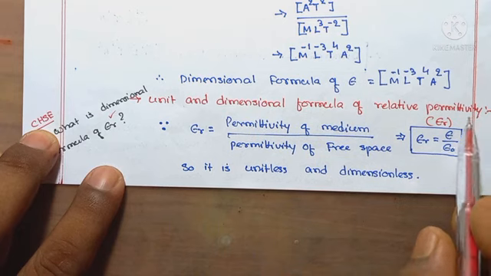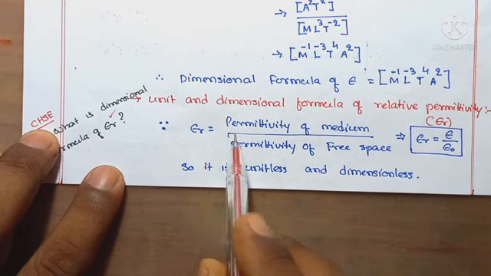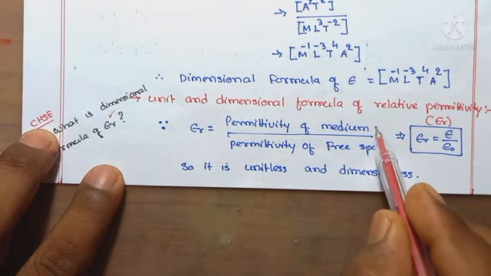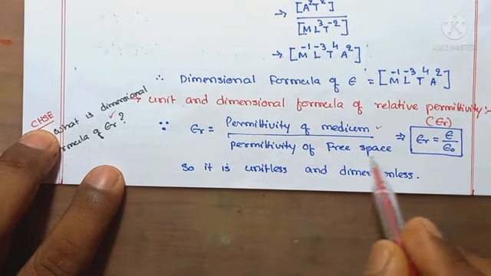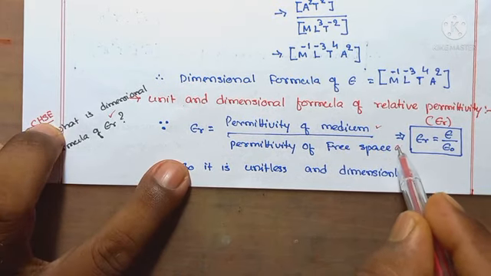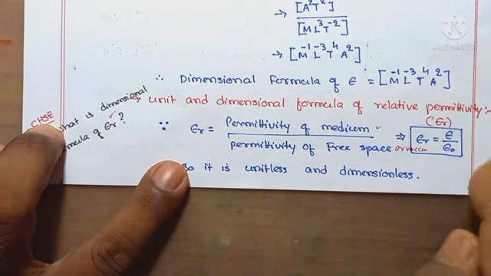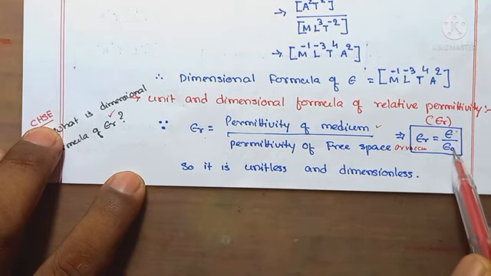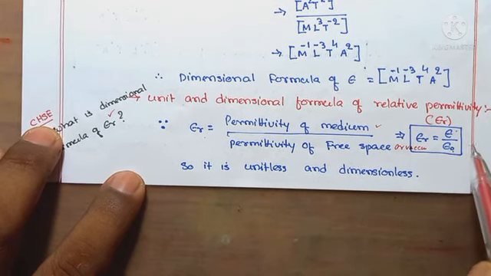Now we will calculate the unit and dimensional formula of relative permittivity. So first we will see what is relative permittivity. Relative permittivity is the ratio of permittivity of the medium to the permittivity of the free space or vacuum. So epsilon r equals epsilon by epsilon 0.